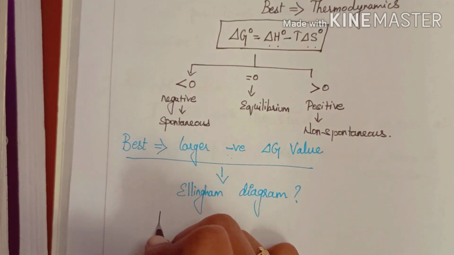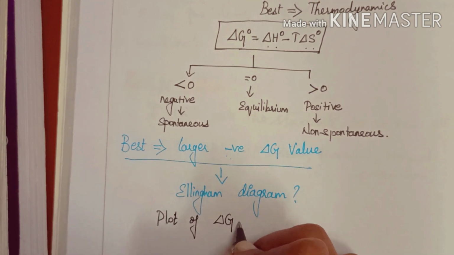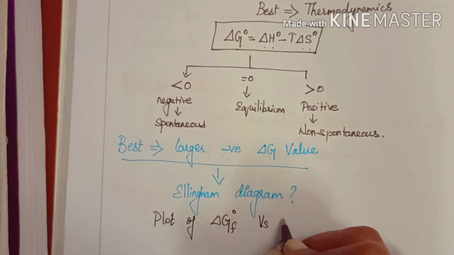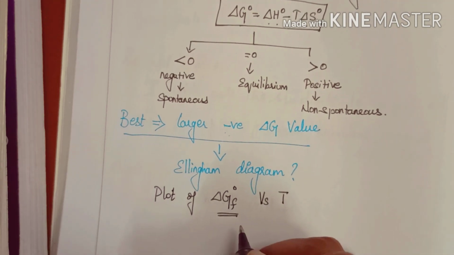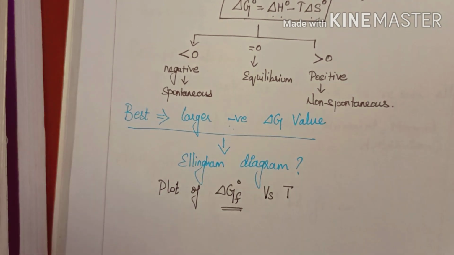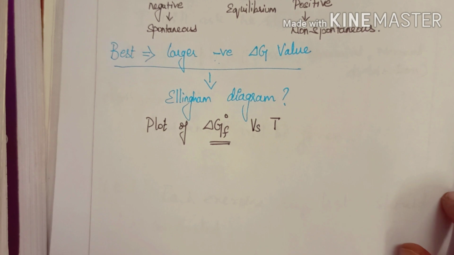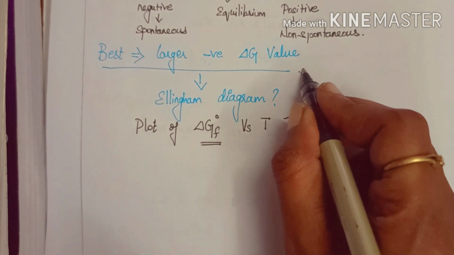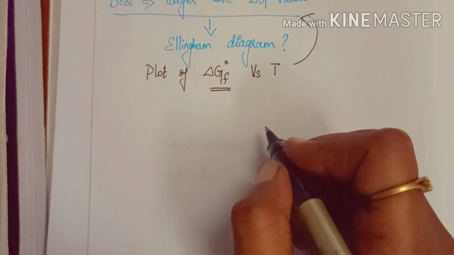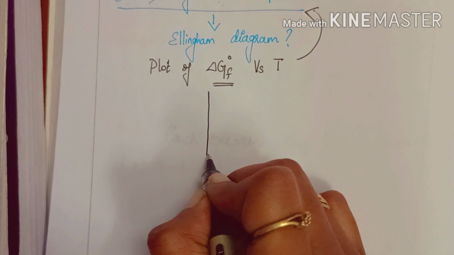The Ellingham diagram is a plot of delta G F naught versus temperature. Here delta G F naught is the change in Gibbs free energy for the formation, plotted versus temperature, and this is used to find the best reducing agent. Let me explain this using a plot.